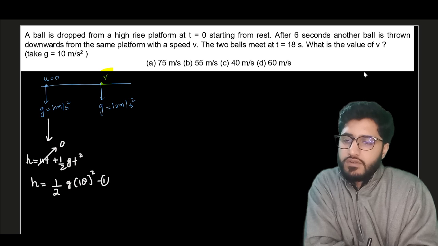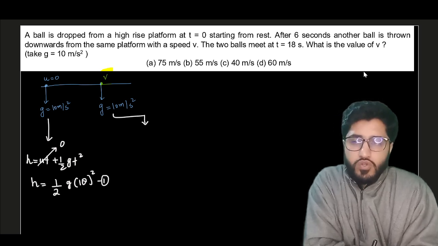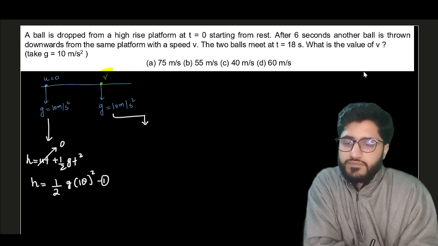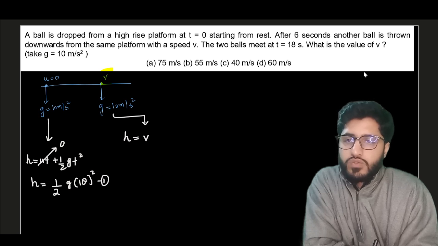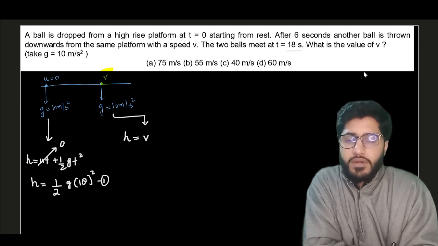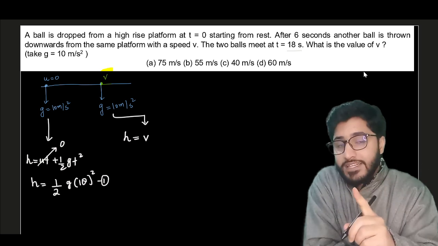That is the first equation. For the second equation, I will use the same equation. So it is h, u is v, and t. What is t? t is given to be 18 seconds, but here we don't need to put 18. Why? Because it was thrown after 6 seconds, that means 18 minus 6.